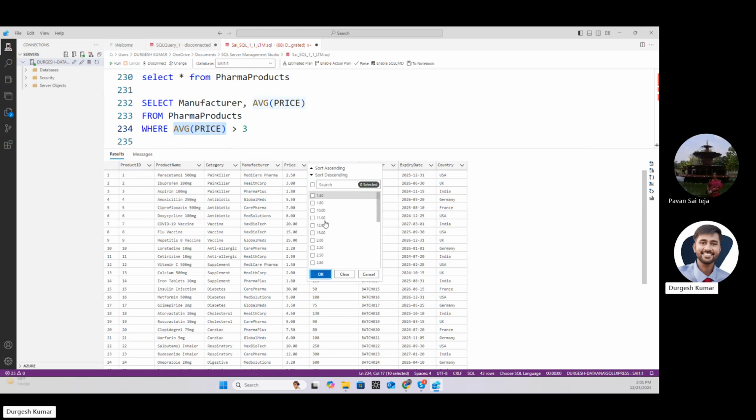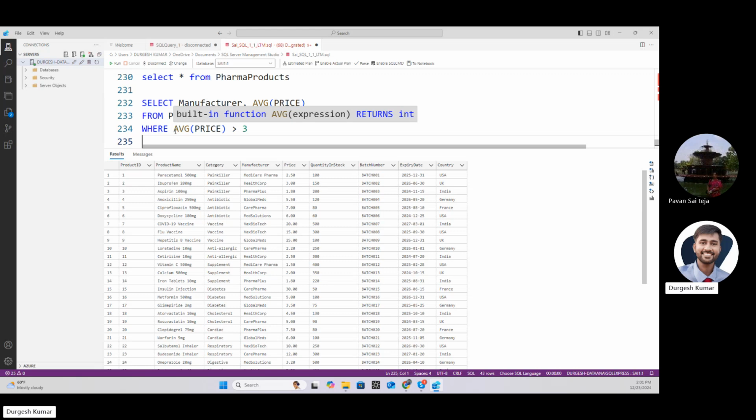So how will your query take the average in this record? It can't take it directly. You have to calculate this first in your SELECT clause, right? So this is why I'm going to answer your query. Don't take so much load on your brain. This WHERE clause is actually very limited. It's only for comparison. It can only do normal filtering for us. So what we do is we use the HAVING clause instead of WHERE.